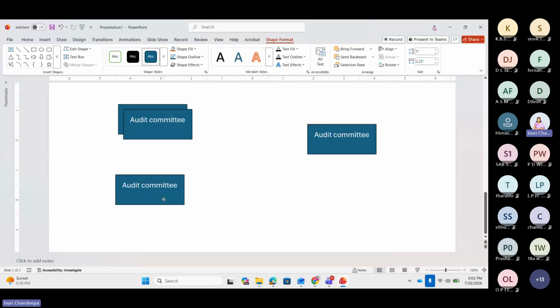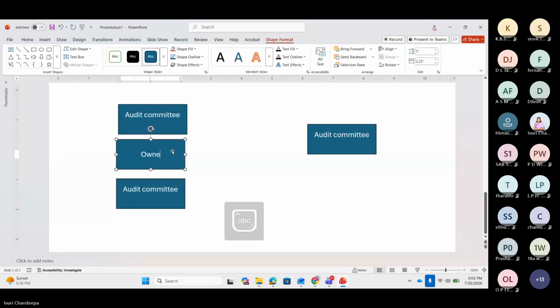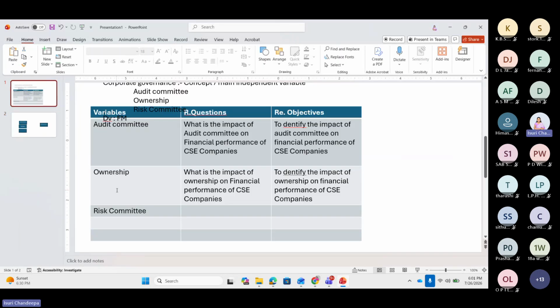In my research, I have 3 variables: audit committee, ownership, and the risk committee.